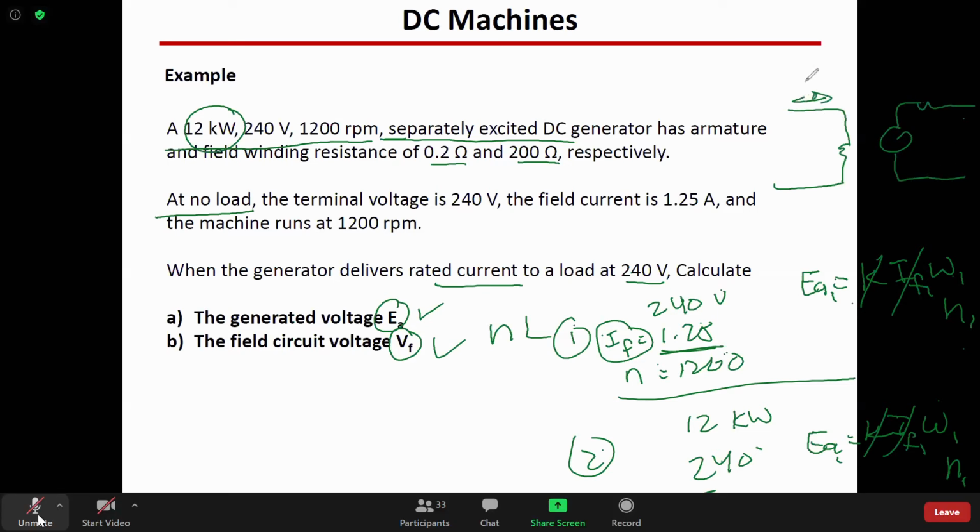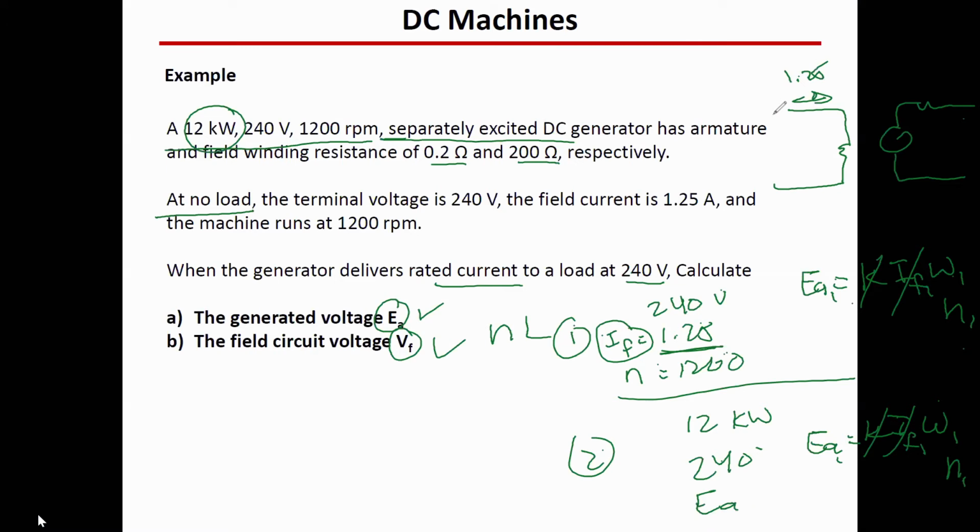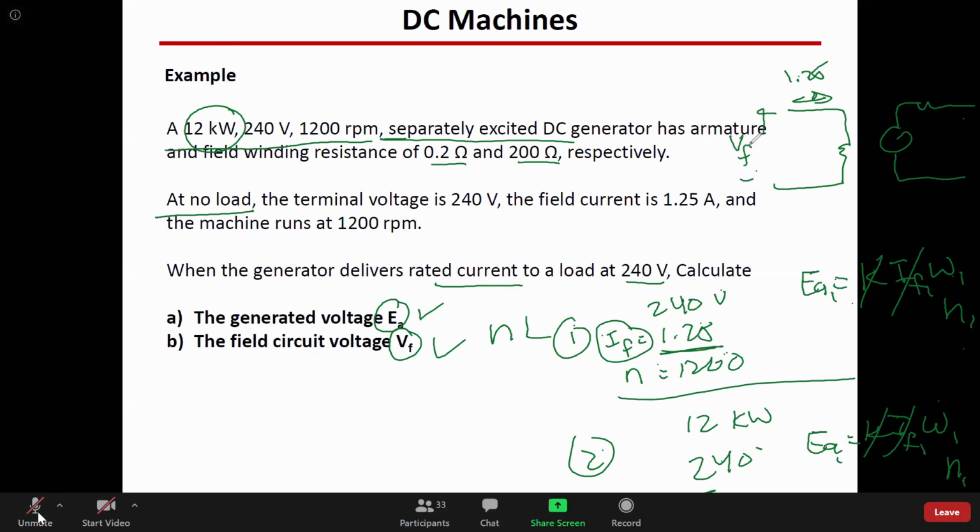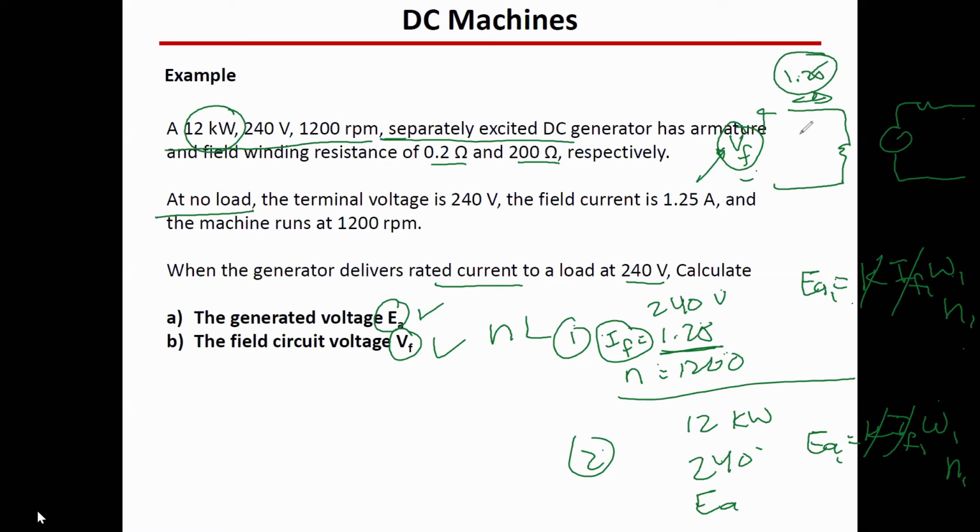So IF is specified here to be 1.25, and there is an external source for IF. And yes, you control this. So in the lab, you change this IF, right? So here it is specified to be 1.25 and it is fixed for both cases, no load or full load. Unless he's saying that the IF when there is load is different. And yes, if it is a motor or generator, it's the same case.